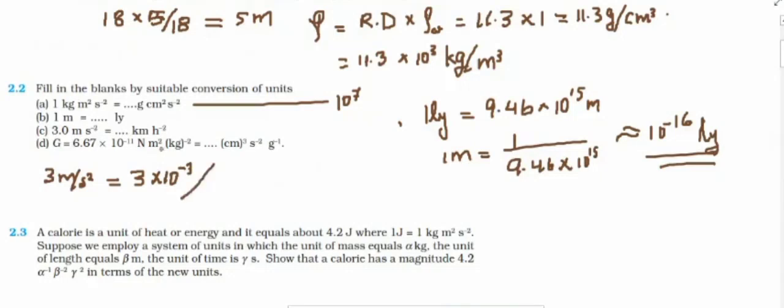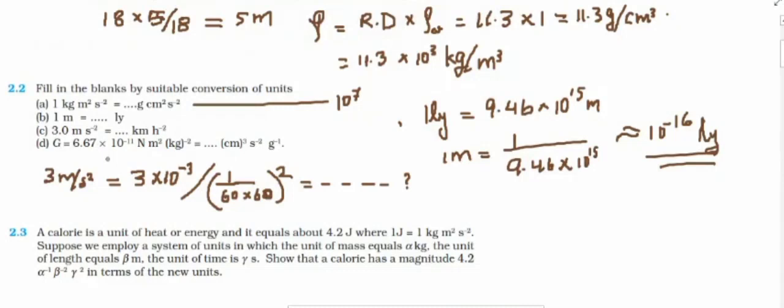Then divided by second square, we have to convert into hour. Now here we have second, so second we can convert into hour by 1 divided by 60 into 60. Now here we have second square, so square it. So simplify and find the answer.